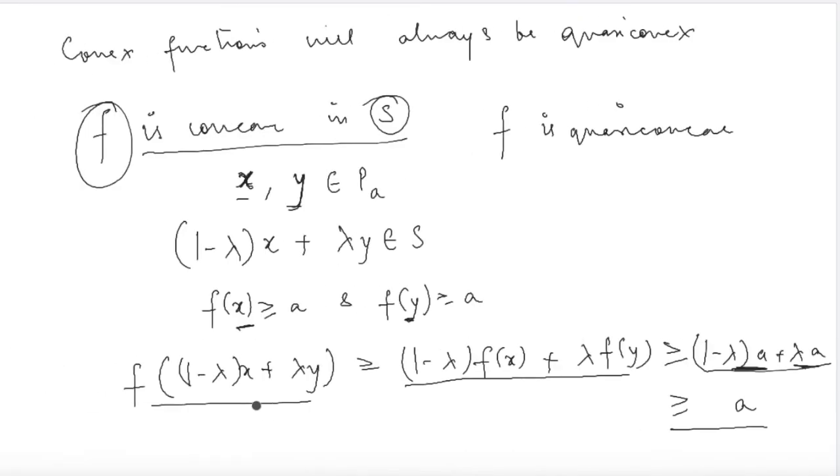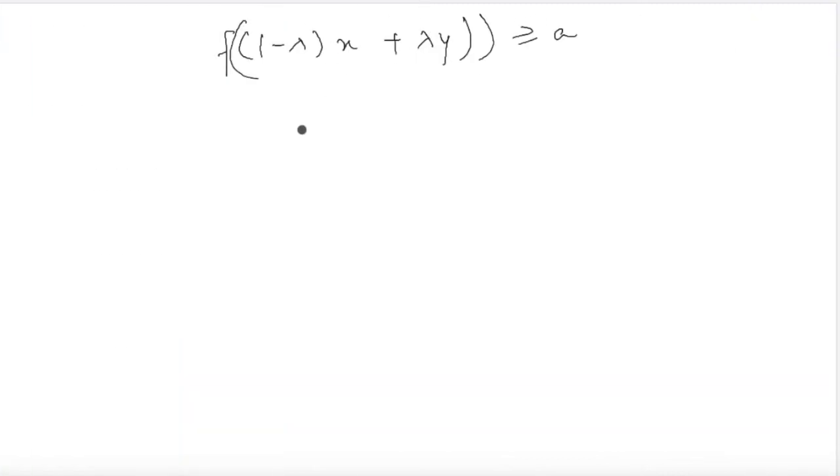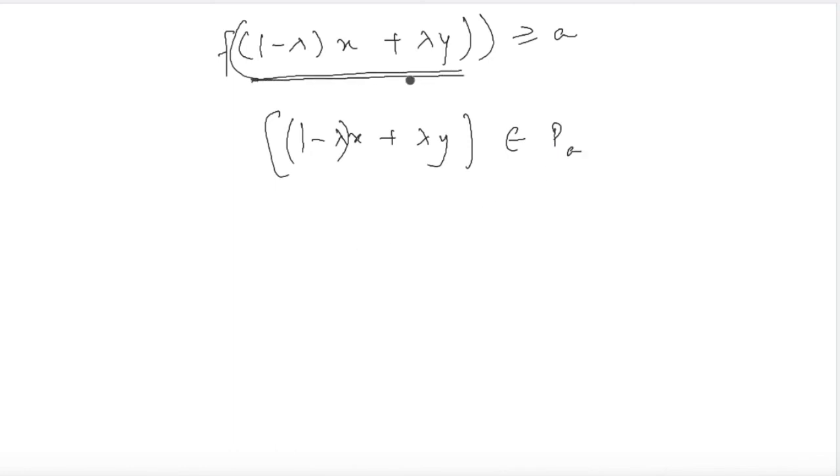By using the definition of concavity for function f, this means that in fact (1 minus lambda)x plus lambda y as a point also belongs to the upper level set PA. This is one single input point. This is basically one of the points between x and y. If this is x and y, then on the line segment joining them, some single point represents this entire term, (1 minus lambda)x plus lambda y.